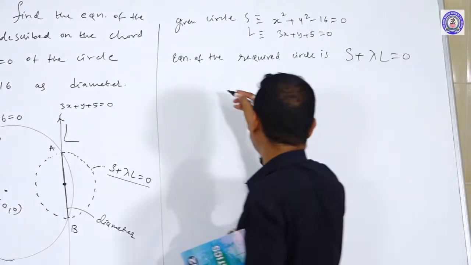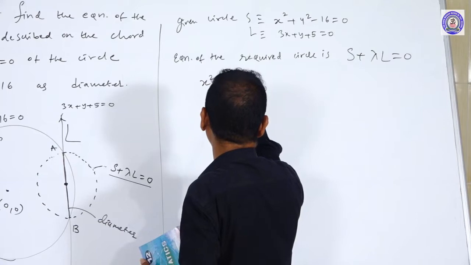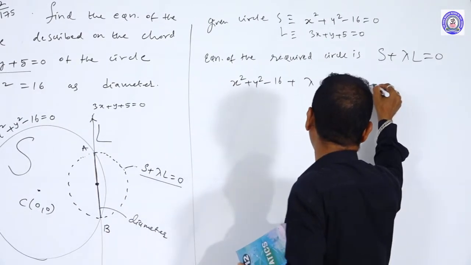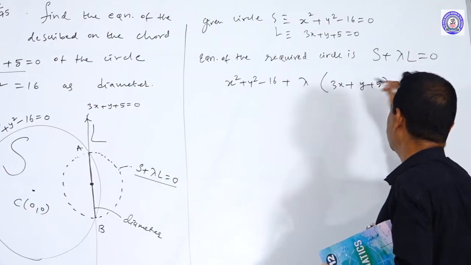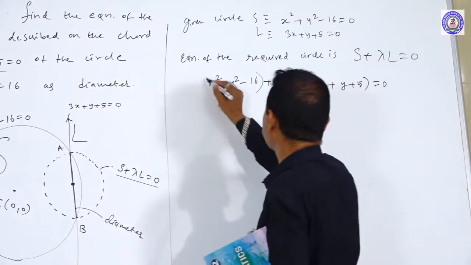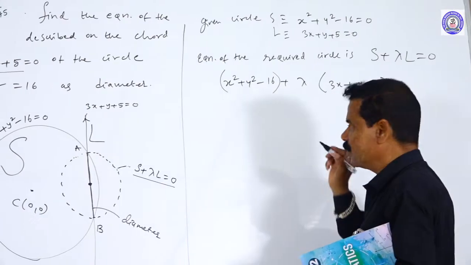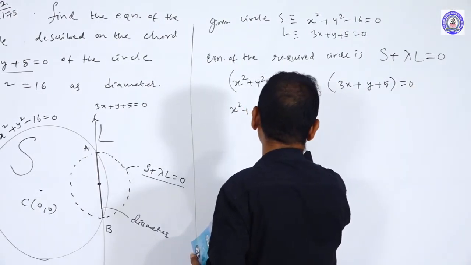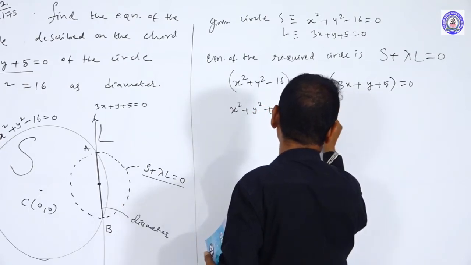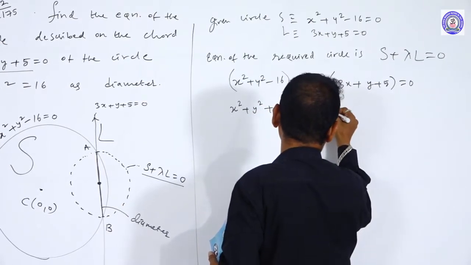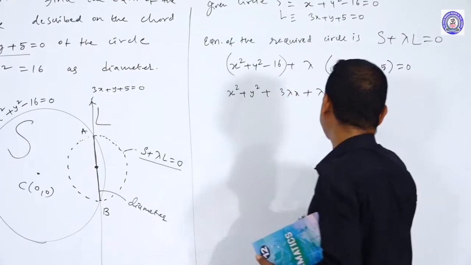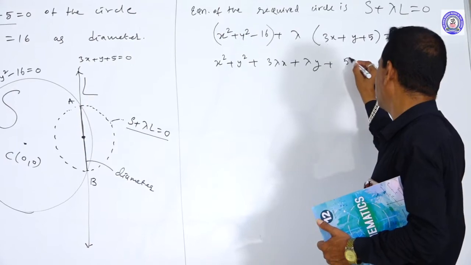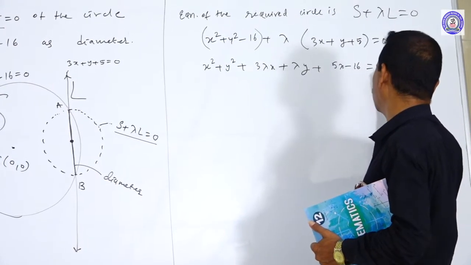So we substitute S: x square plus y square minus 16 plus lambda into L, that is 3x plus y plus 5, is equal to 0. S plus lambda L, this. On simplification, x square plus y square plus 3 lambda x plus lambda y plus constant 5 lambda minus 16 is equal to 0.